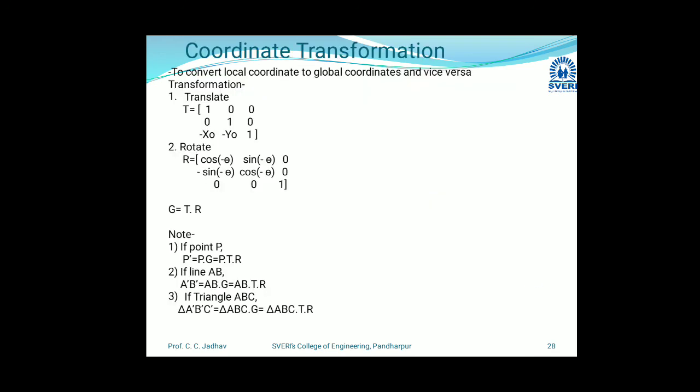Next point is coordinate transformation. Coordinate transformation is used to convert the local coordinate system to the global coordinate system, and vice versa. It converts the global coordinate system to the local coordinate system.